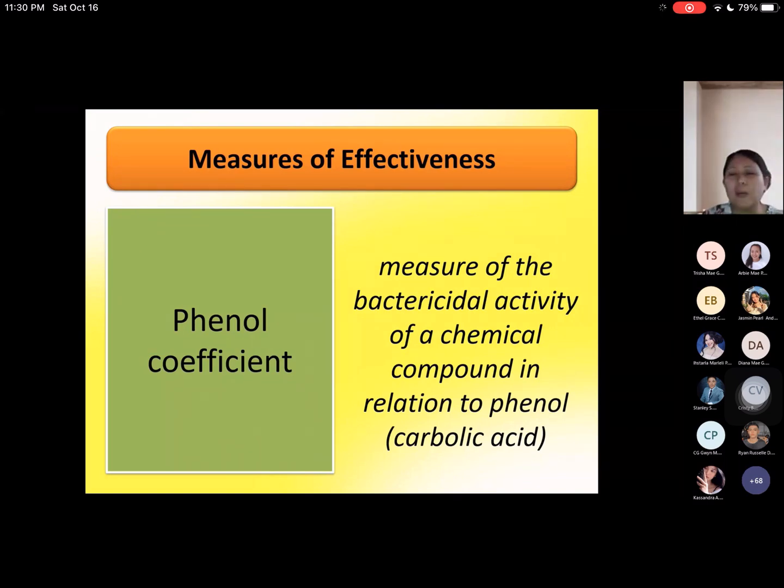So this is the measure of bactericidal activity of a chemical compound in relation to phenol, or what we call carbolic acid.